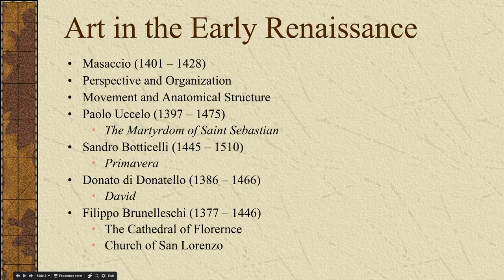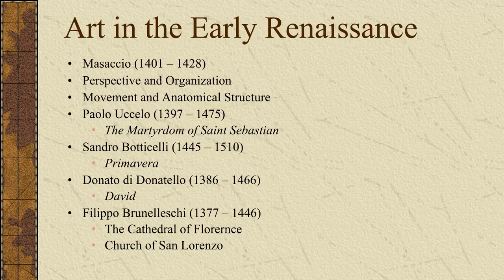So in the early Renaissance, which is the early to mid 1400s, we see the beginnings of these concepts known as geometric perspective, which is adding depth to paintings. We also see new ideas of organizing paintings in a coherent manner rather than just jumbling everything together, as they would have in the Middle Ages.